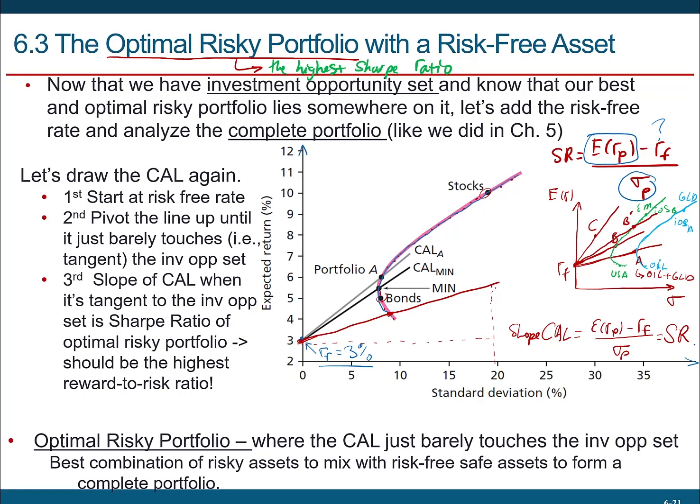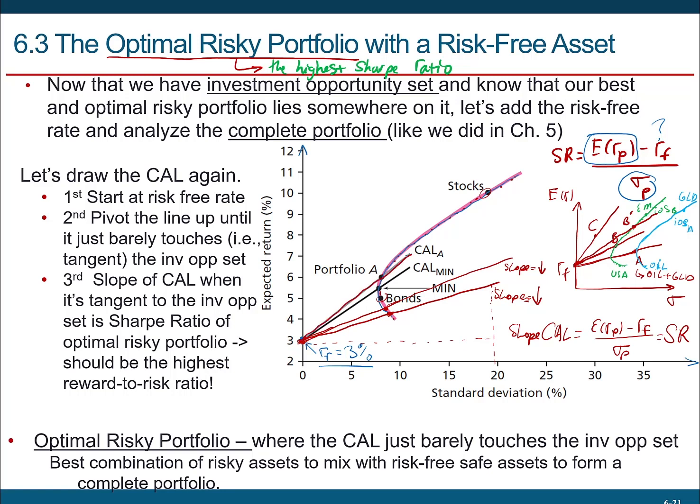So you really want to have a line that starts at the risk-free rate and crosses the investment opportunity set at a point where that line has the steepest slope, the highest Sharpe ratio. So what about the slope of that line? That slope is not steep, right? I'm going to put the down arrow. That slope is not good. Let's draw another CAL line. Well, that slope is still kind of low, because we can draw another CAL line and intersect the investment opportunity set at a different point.